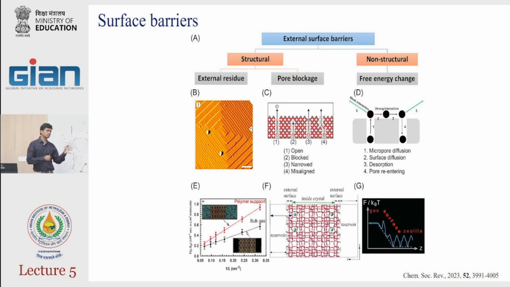And usually in experimentation, what people do is that they don't care, because what they are seeing is the actual one, right? So when they try to synthesize a material and prepare a membrane, they say okay, this is my membrane, and then they will just run an experiment and see how it is performing. But they never think about what exactly is happening inside, why it changed like this, why it changed like that.